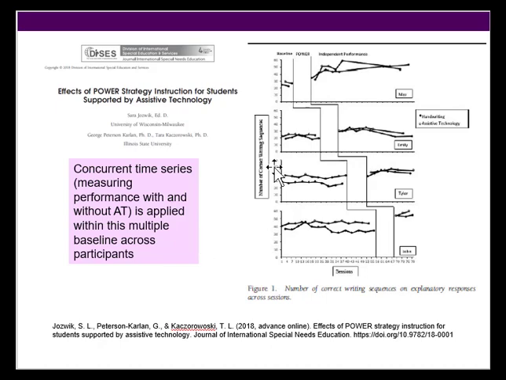So in the graphic display here, the baseline data for Max, it appears there's 2 data points. There are 4 because of the concurrent design, and they are moving in a direction that goes against what we're hoping, right? We want to see an increase in number of correct writing sequences on his explanatory responses, but here data are fairly stable but decreasing.